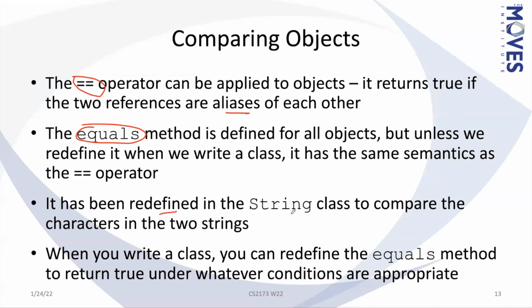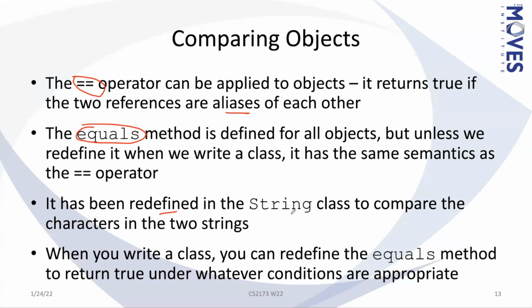So when you write a class and you want to say that two objects are essentially equal, then you can redefine the equals method to return true under the conditions that are appropriate. So for example, if you remember the Die class, I can say that two Die instances are equal if they have the same number of dots showing.